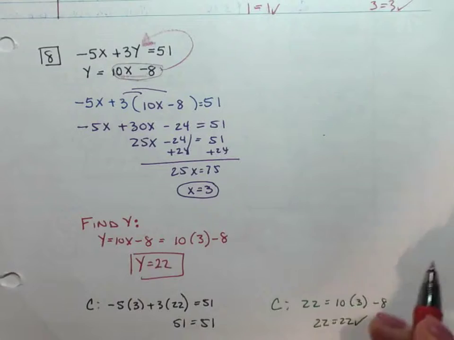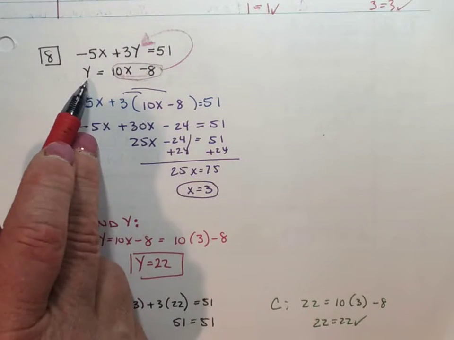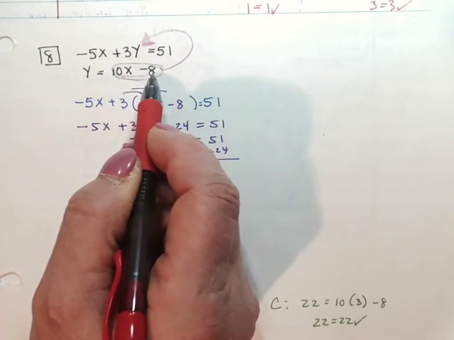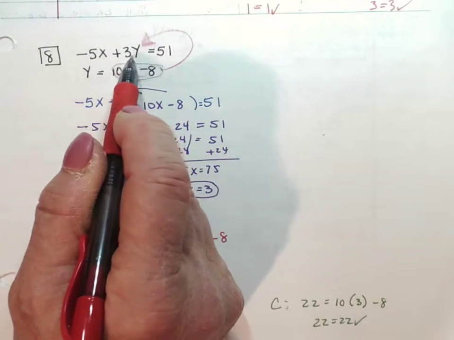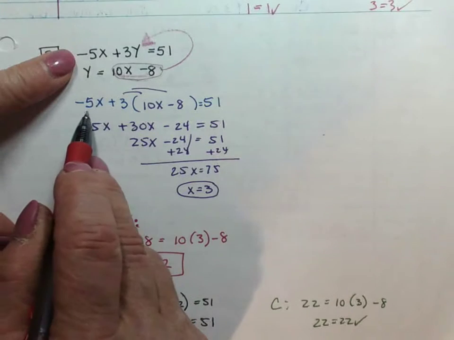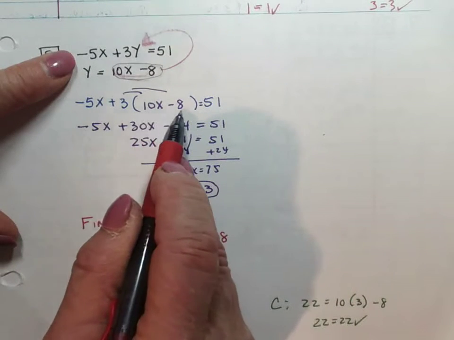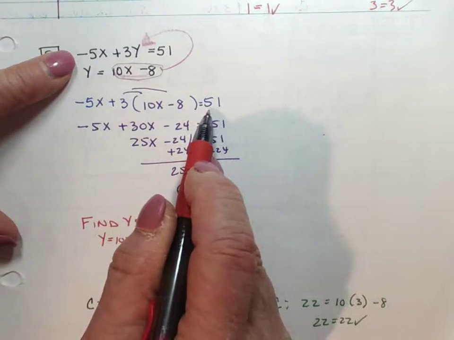And number 8, in this case again, y was isolated. So you simply had to take the 10x minus 8, replace it into the other equation, which is for y. So you should have gotten negative 5x plus 3, and in parentheses 10x minus 8 equals 51.